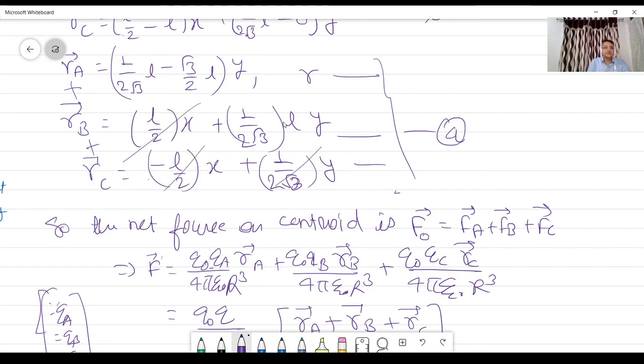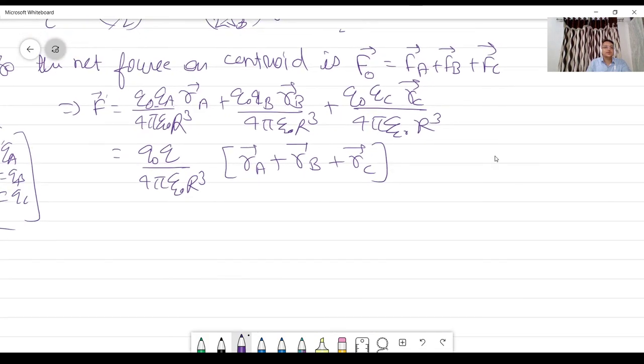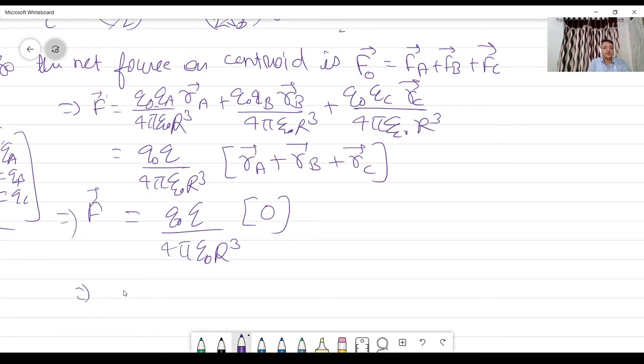You can check by vector addition. The vector addition of these three is going to come 0. Hence the net force on the centroid by these three equal charges will be 0. So I have proved again that the net force on the centroid of an equilateral triangle will be 0 when each charge is equal.